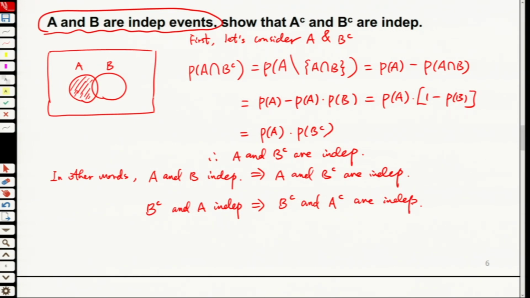Now, because A and B are independent, if we just replace B with B complement, they are still independent. Now, B complement and A are independent. Then over here, if we replace A with A complement, they're still independent. Okay, that is the same logic.